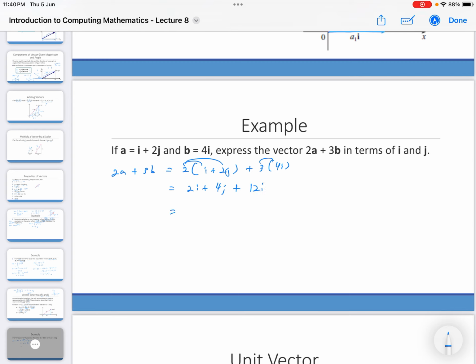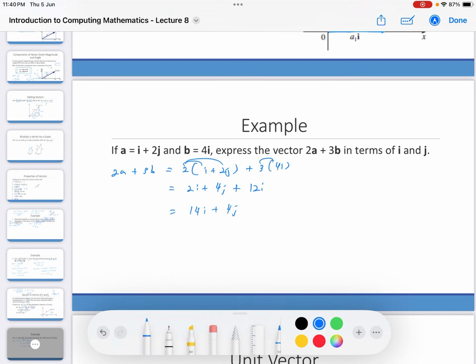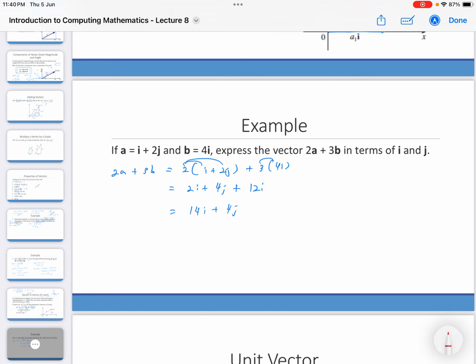Okay, and then we can add the same terms together. So the i's together and then the j's together. So we have 2i and 12i. So this becomes 14i plus 4j. You can also check whether this answer is correct using the vector components. So we can write a equals (1, 2) like this, the vector component, and then b equals (4, 0).